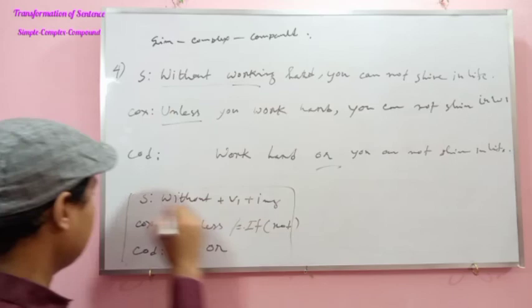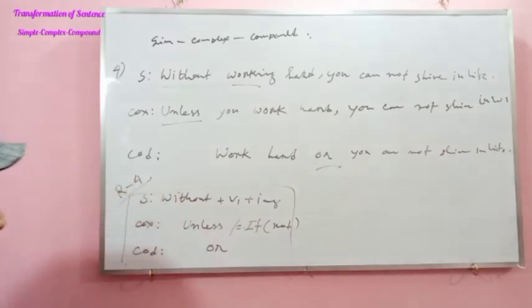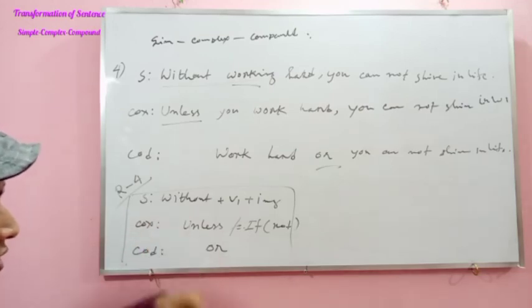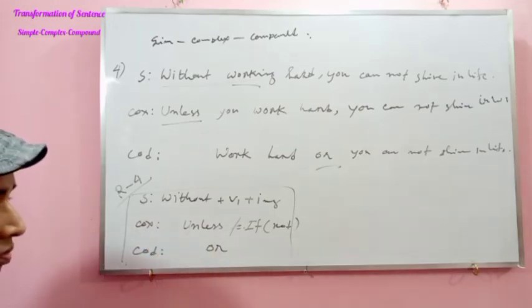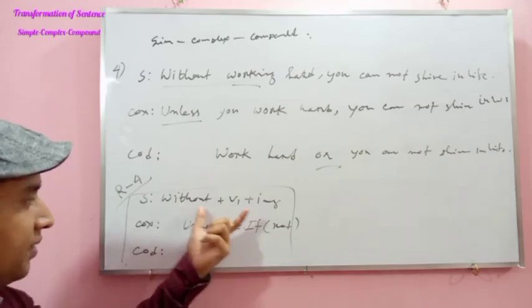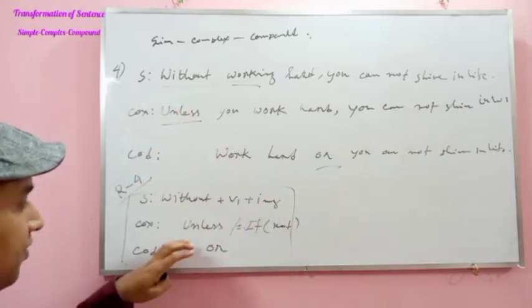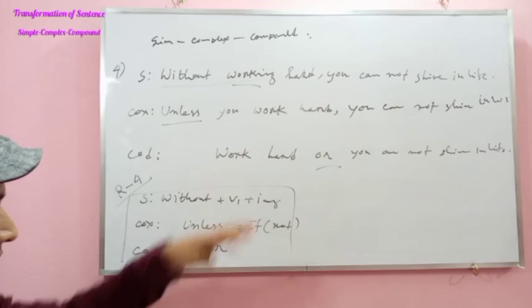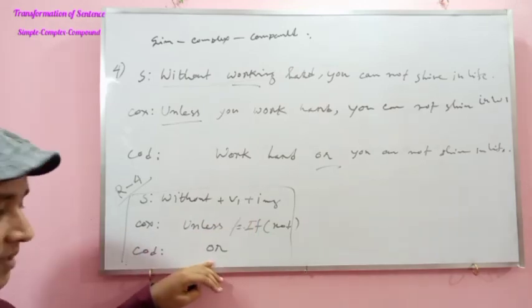This is technique number 4. I think that you can already learn this item. When you find without plus verb plus ing in simple sentence, you will give unless or if not in complex and or in compound sentence.